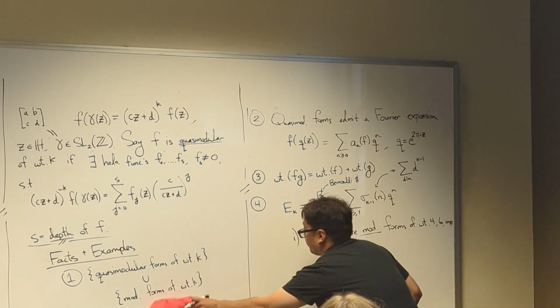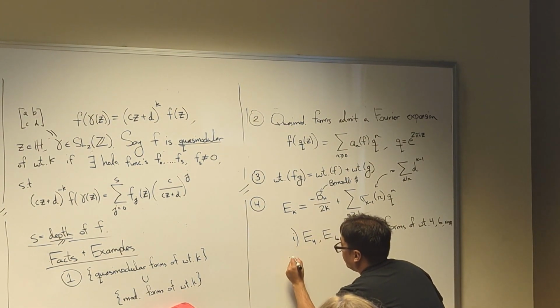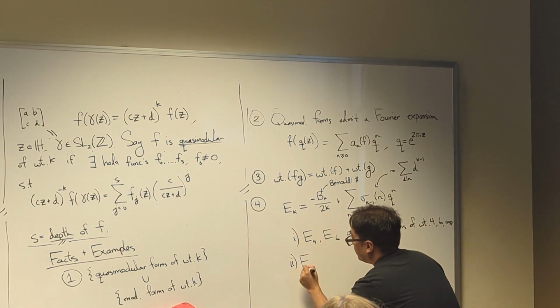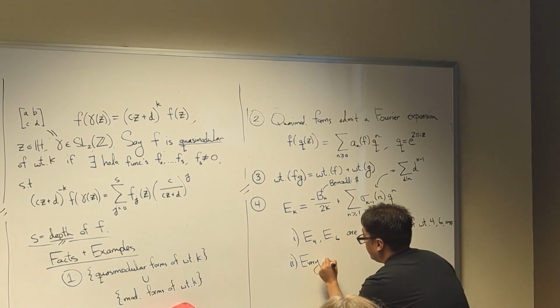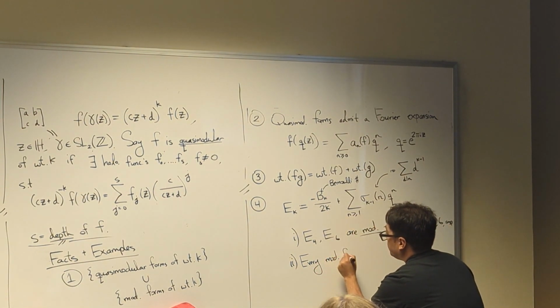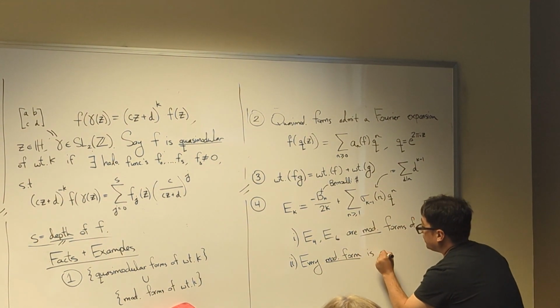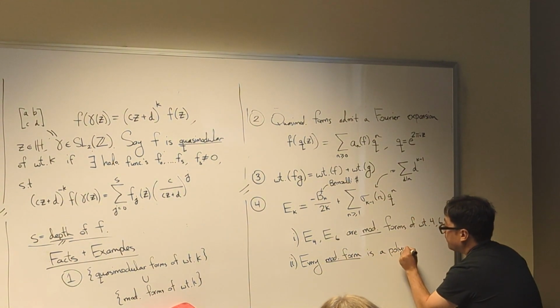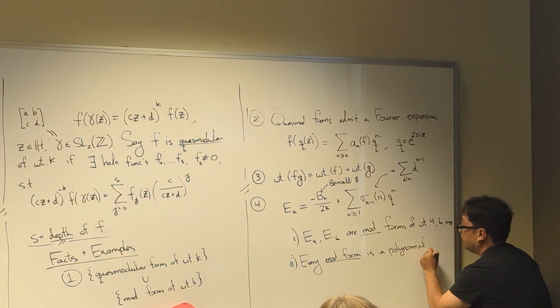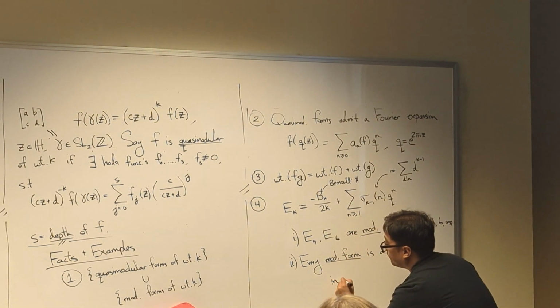Another fact is that every modular form is a polynomial in E4 and E6.